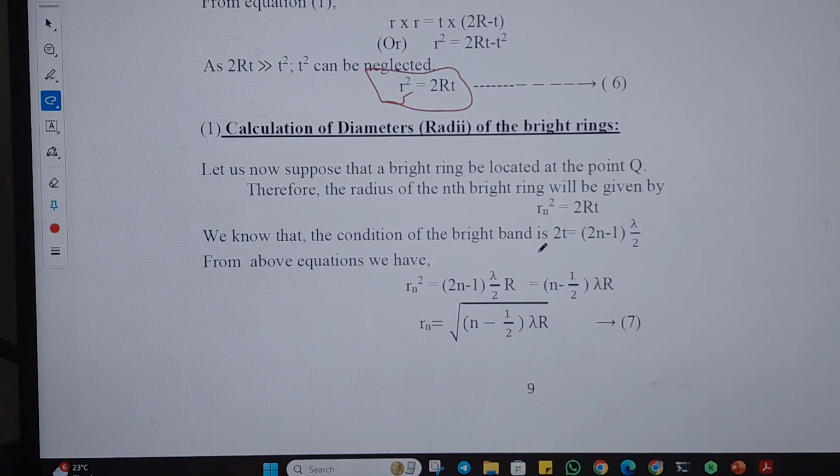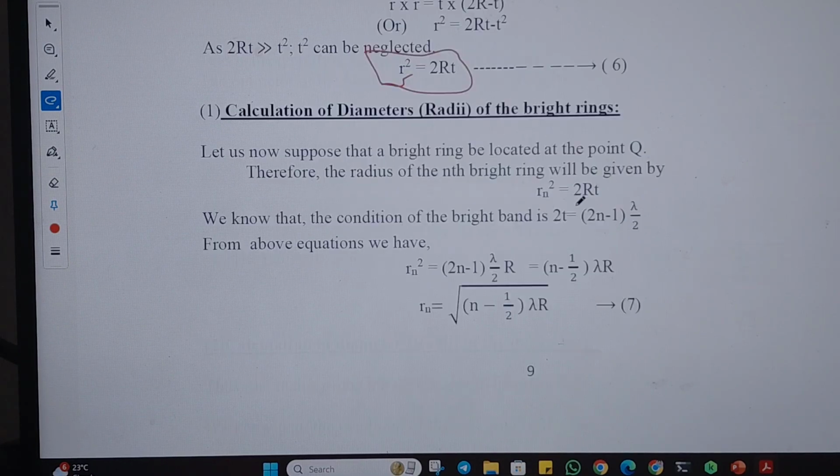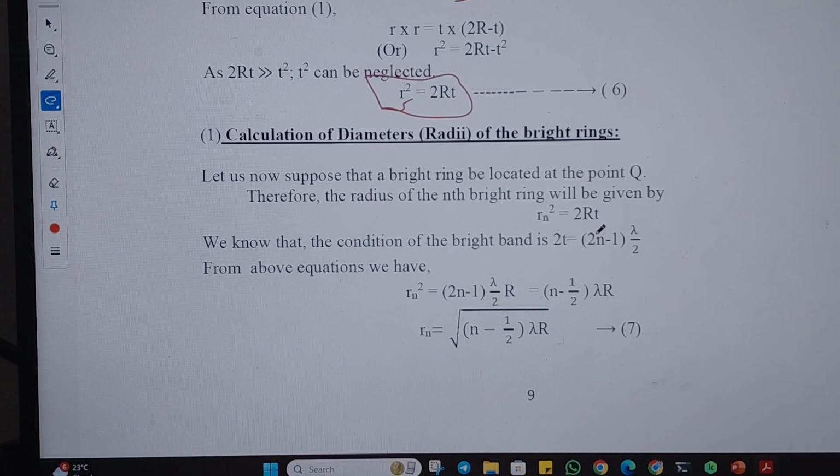Okay, we can now use the condition for a bright ring. Already we know the equation for a bright ring, that is 2t equal to (2n minus 1) lambda by 2, where lambda by 2 is the additional path difference. So we can substitute the value of 2t in rn square equal to 2Rt.